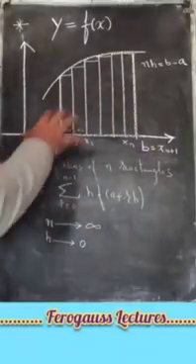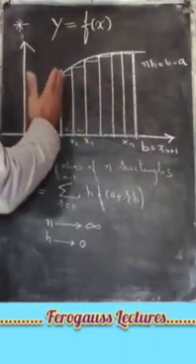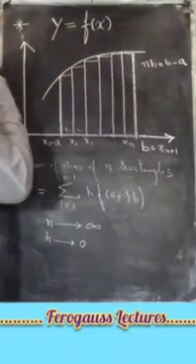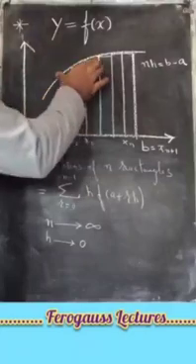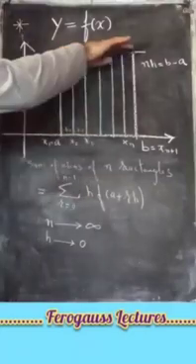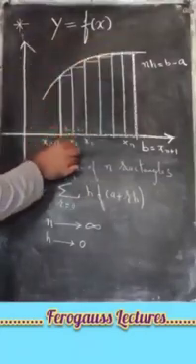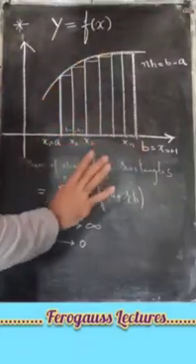In that case, the summation of areas of these rectangles approaches the area under curve between given points a and b.